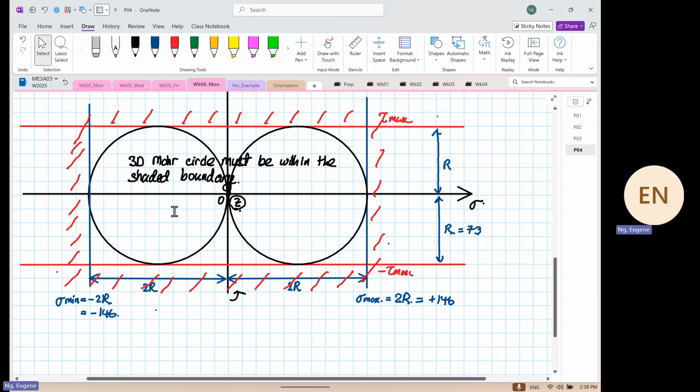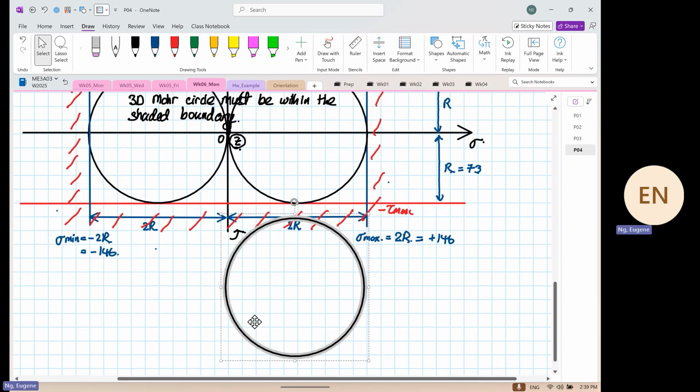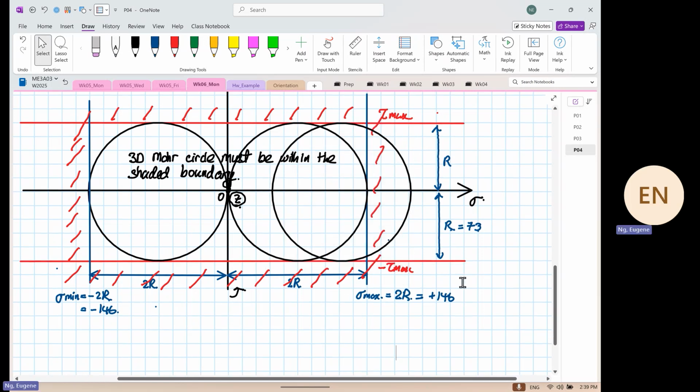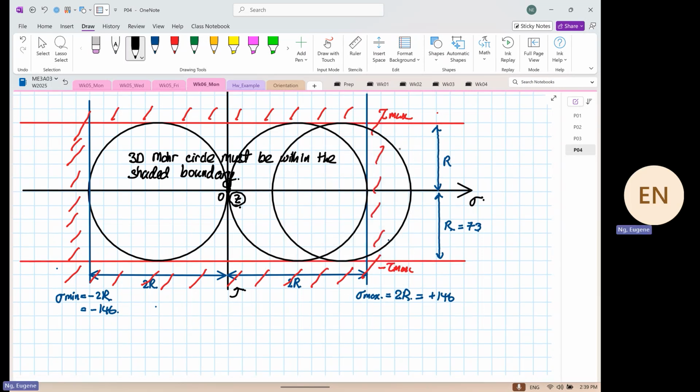If your circle happens to just be like this, okay, if your circle satisfies the shear, right, and it goes outside, the structure will fail.